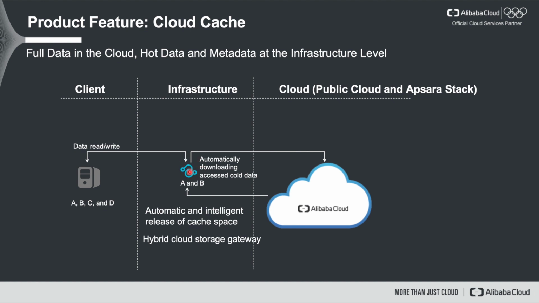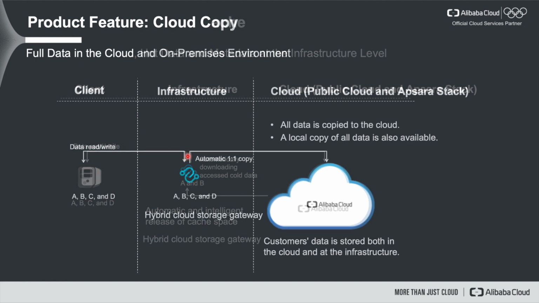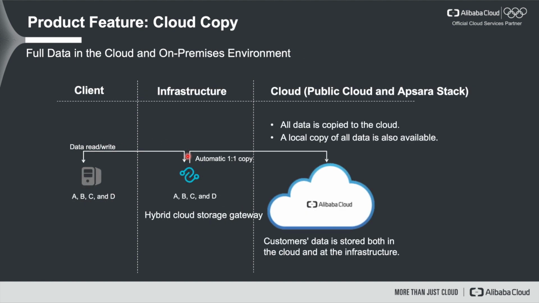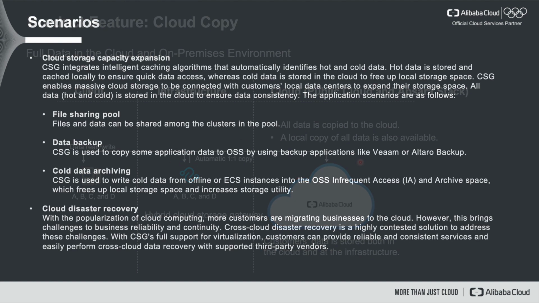Cloud Storage Gateway manages the frequently accessed data and the cold data. The cold data is sent to the cloud, and the hot data is accessed by the customers locally. Cloud Copy: full data in the cloud and on-premises environment. Simply saying, there's a one-to-one copy from the local environment to the cloud.